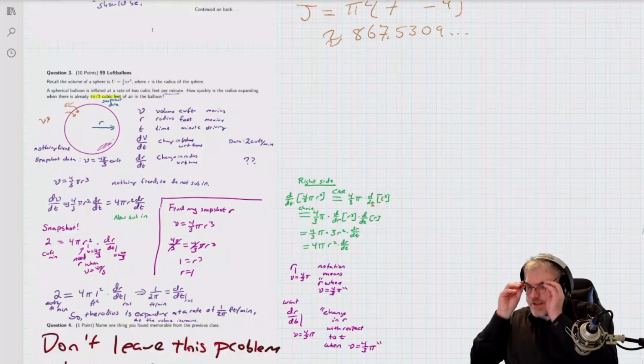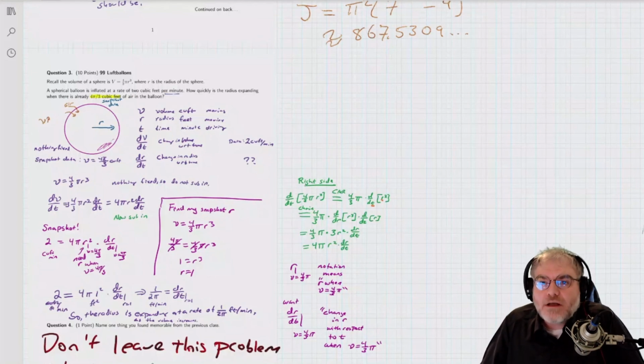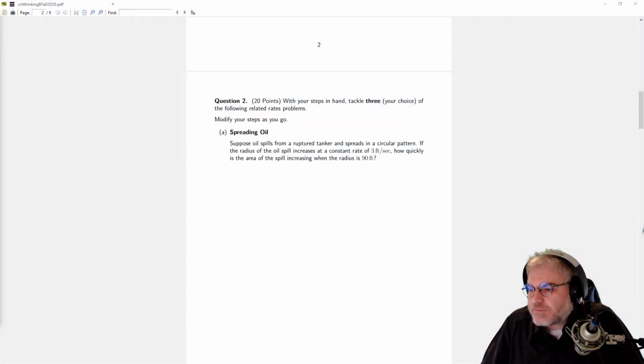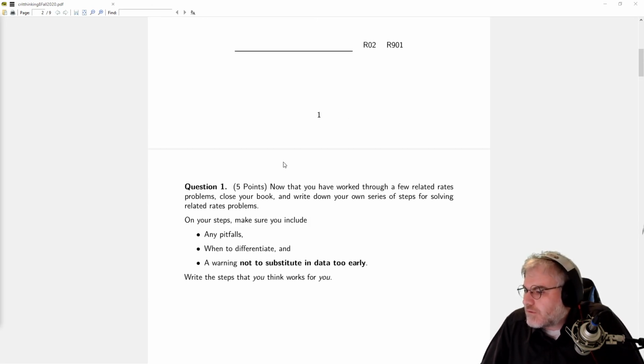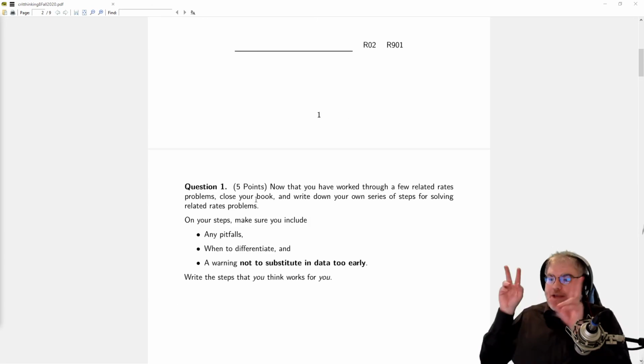All right, so let's look at this problem set here. Let me pull it up. All right, so the way this problem set is set up, make sure you see it, is that there's three questions, right?